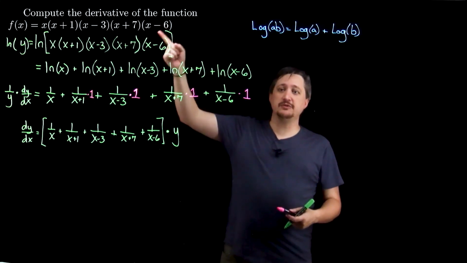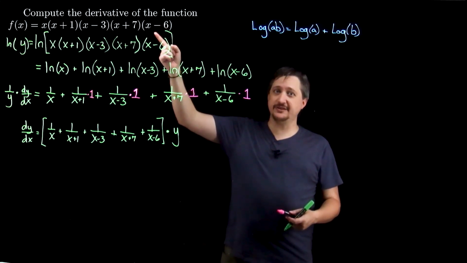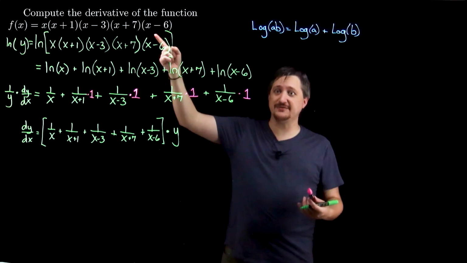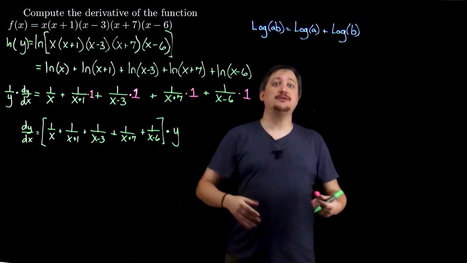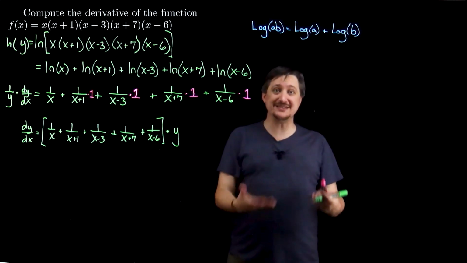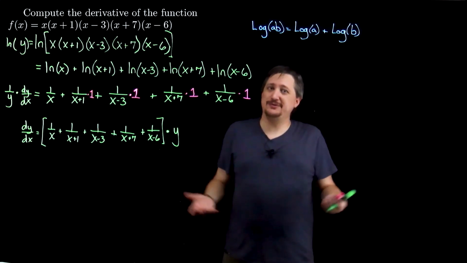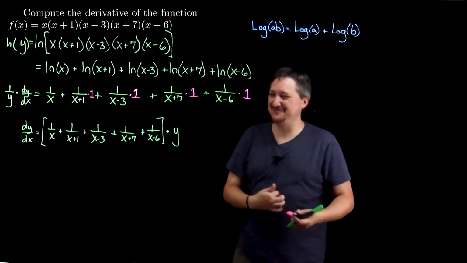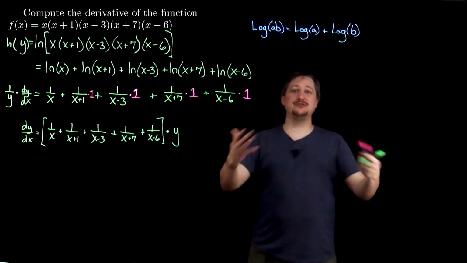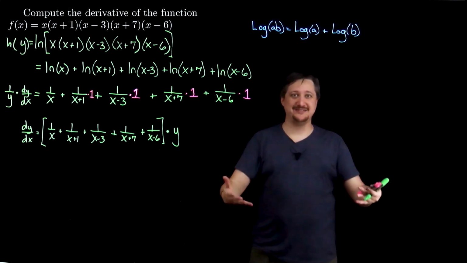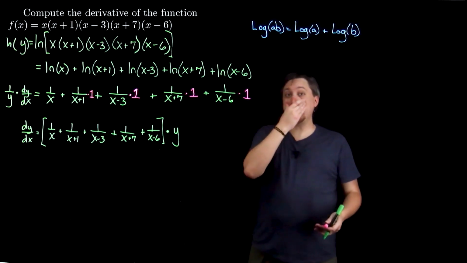But if we remember, our original function was not implicitly defined. It was explicitly defined. It was only x's. So that should be the thing we give back, right? We don't want to give back an implicitly defined thing because that's just really not cool. It would be like, you gave me a relatively nice form and I'm giving you this totally incomprehensible thing back to deal with. Don't want to do that.